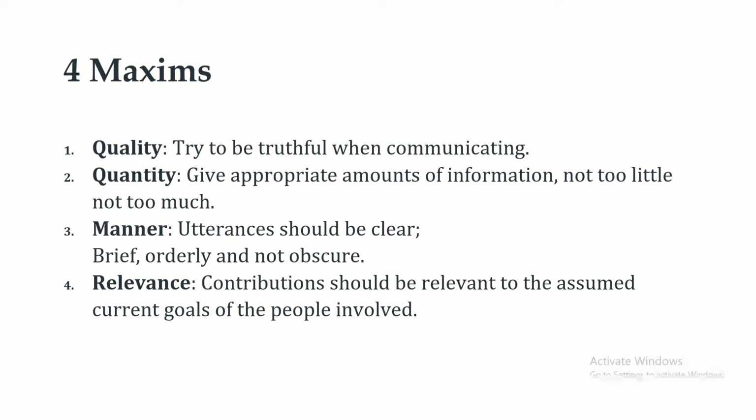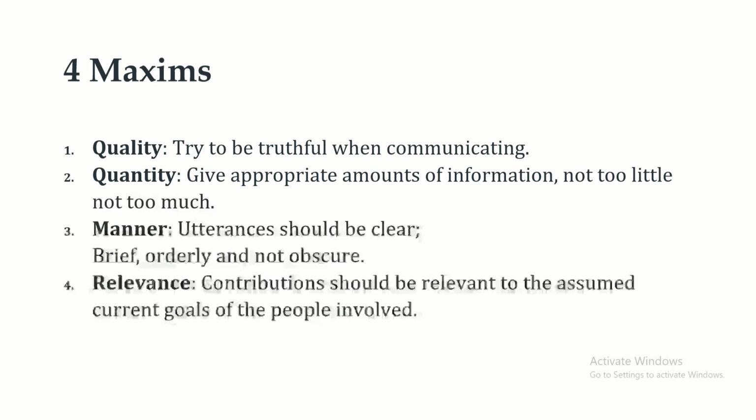First is called quality. So quality is when you try to be truthful when you are communicating. And the second one is quantity, which is when you give appropriate amounts of information, not too little and not too much. And the third one is manner, which is when utterances should be clear.